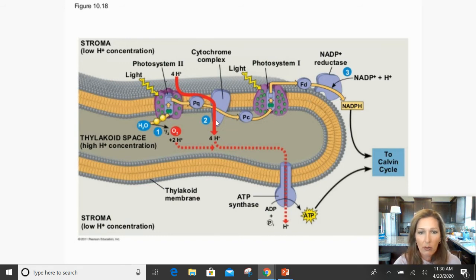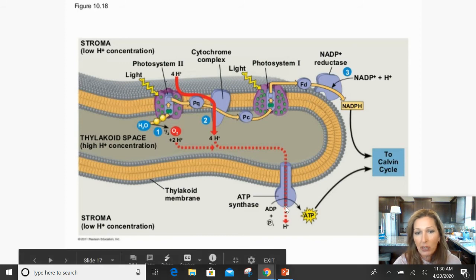So we also have to make sure that we are remembering that connection. But if we're remembering this, electron transport generates the high proton concentration, and the diffusion of protons through ATP synthase is my chemiosmosis. So we're going to see that again in our next section for cellular respiration.